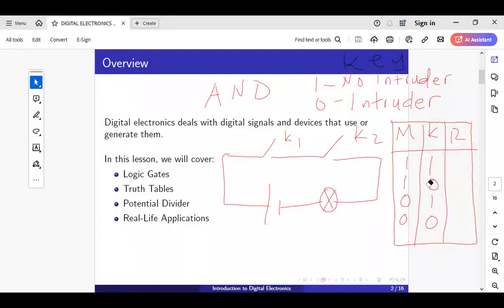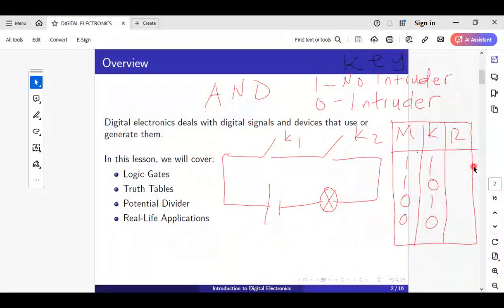Now, M stands for main gate. K stands for Kabanyolo gate. What happens if main gate and Kabanyolo gate are both closed? Here in our truth table, we are using closed and open, and the result is where we put a 1 for no intruder, a 0 for intruder.